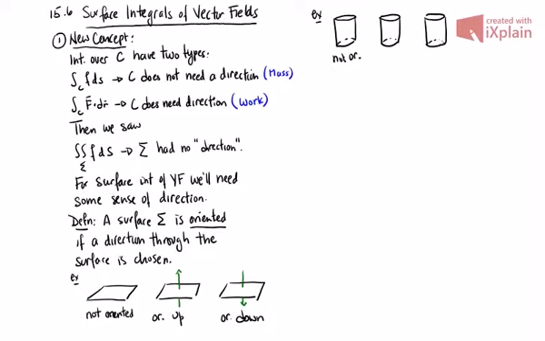So you could have an orientation that goes out, or you can have an orientation that goes in. Think of these arrows inside the cylinder pointing inside. So in the first case, we're oriented out, and in the second case, we're oriented in. The first one is not oriented, the second two are both oriented.